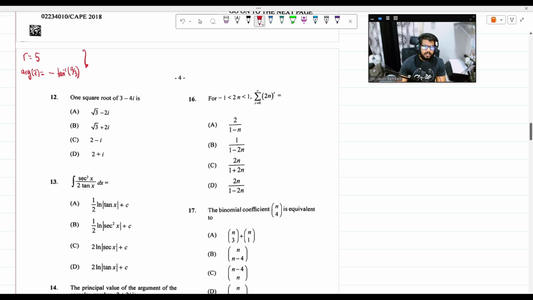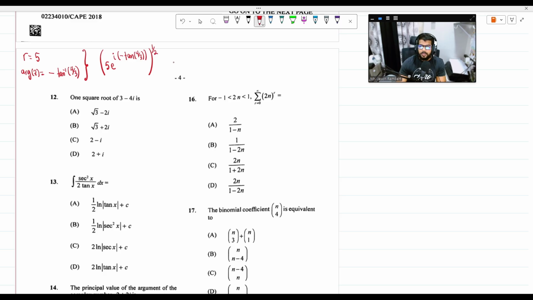This is all I need to write down the exponential form of the complex number, which is going to be 5e to the i times minus tan inverse 4/3. That's the exponential form of the complex number. Now I want to calculate the square root of the complex number. Square root means I'm putting this to the power of a half. So this whole thing is going to be raised to the power of a half.